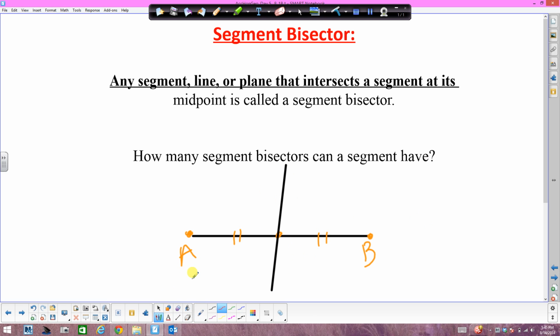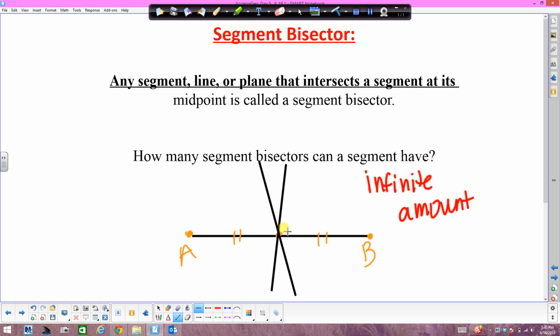So there's not a set number of segment bisectors a segment can have. It can have an infinite amount. So just think about all the different lines we could draw through that one midpoint. And they would all be segment bisectors because they're crossing through the midpoint of that segment.